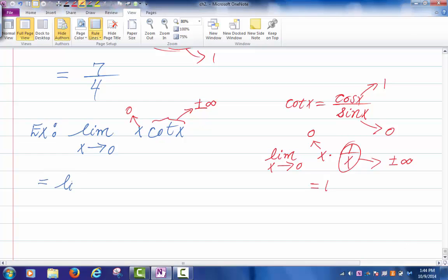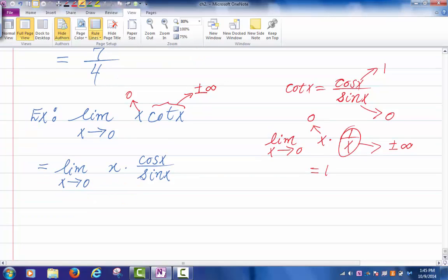If I want to use the limit of sine theta over theta is 1, what should I do here? Well, I don't have sine here, right? But can I bring in sine? Yeah, I can bring in sine by writing cotangent as cosine x over sine x.